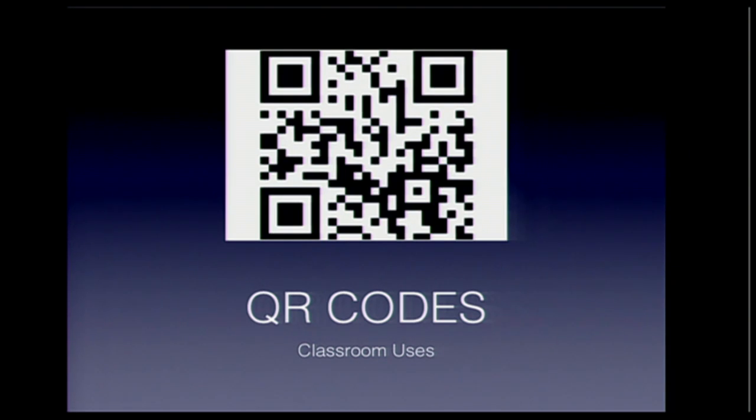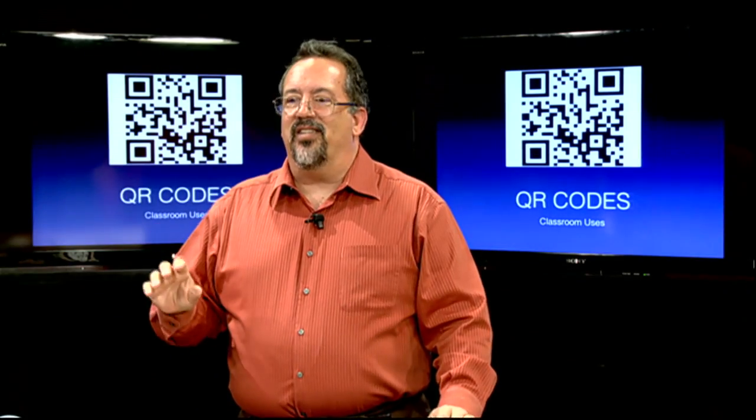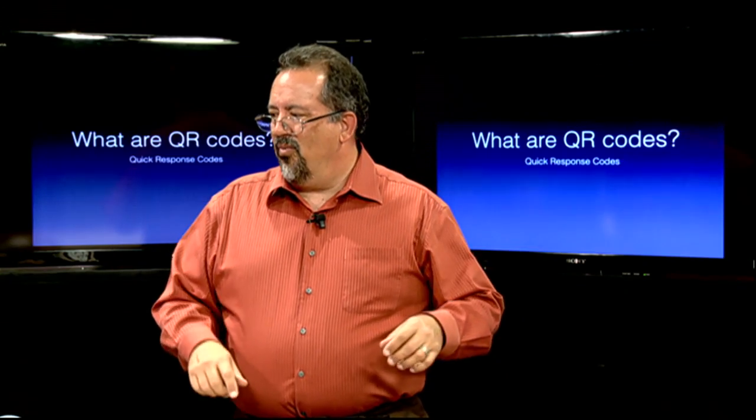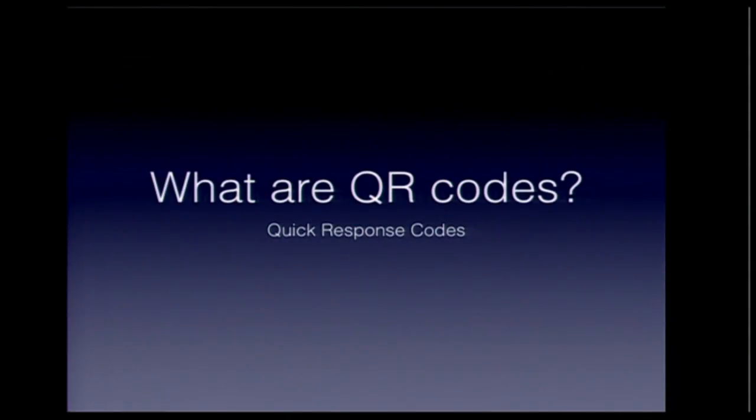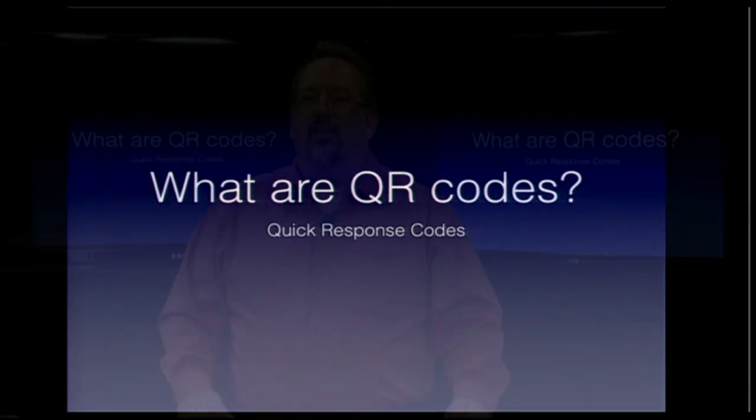So you've probably seen, and on the screen here you can actually see, these little fuzzy things. It's like, what is that? What is that QR code all about? Well, QR stands for quick response, and a quick response code is a way of embedding information so that you can put a lot more information into a small little area.